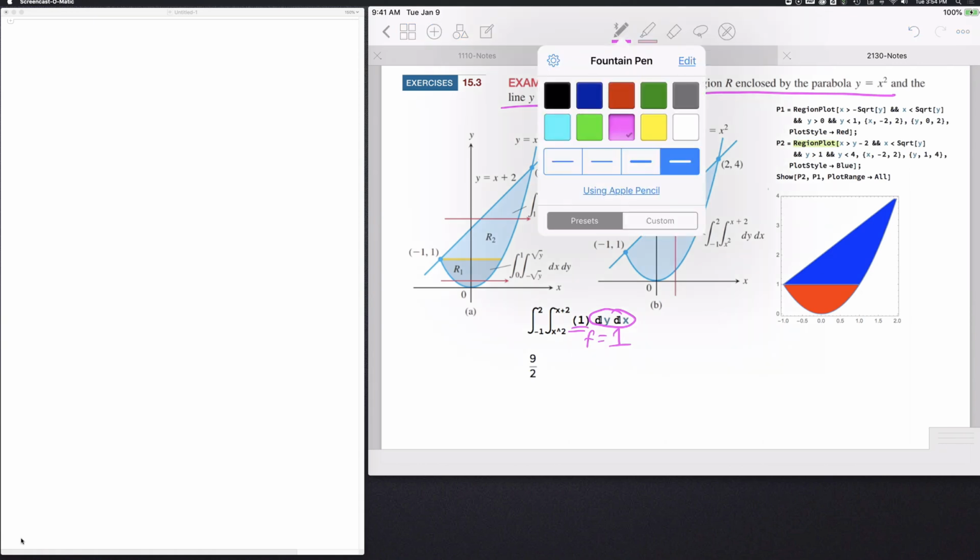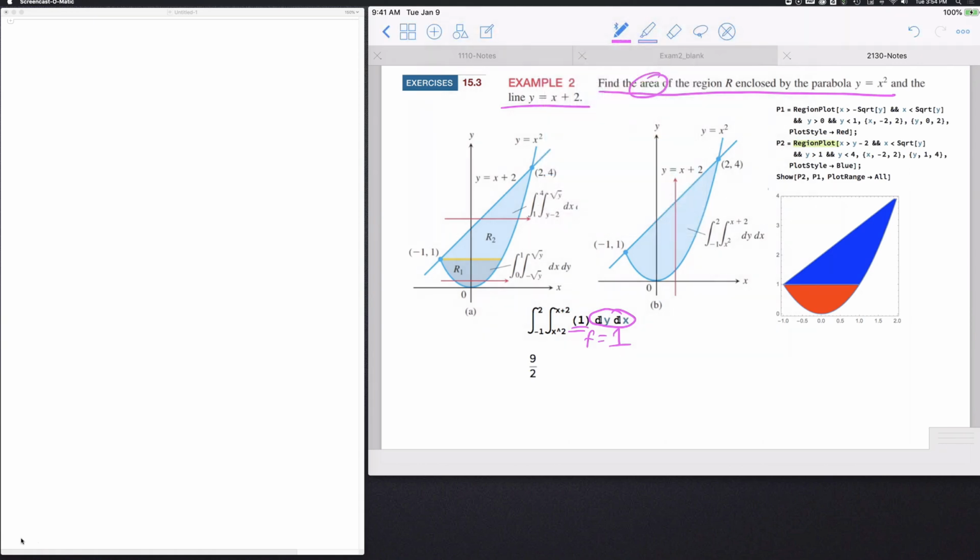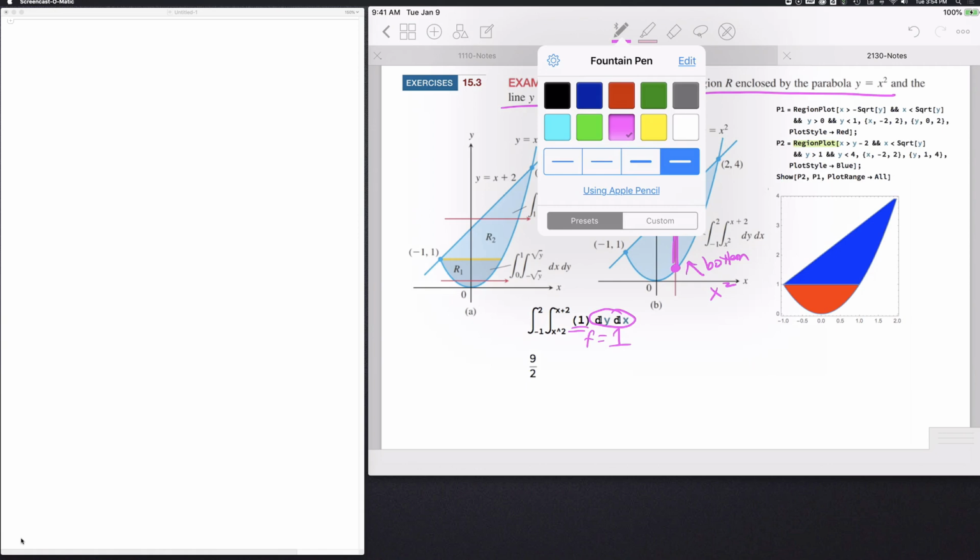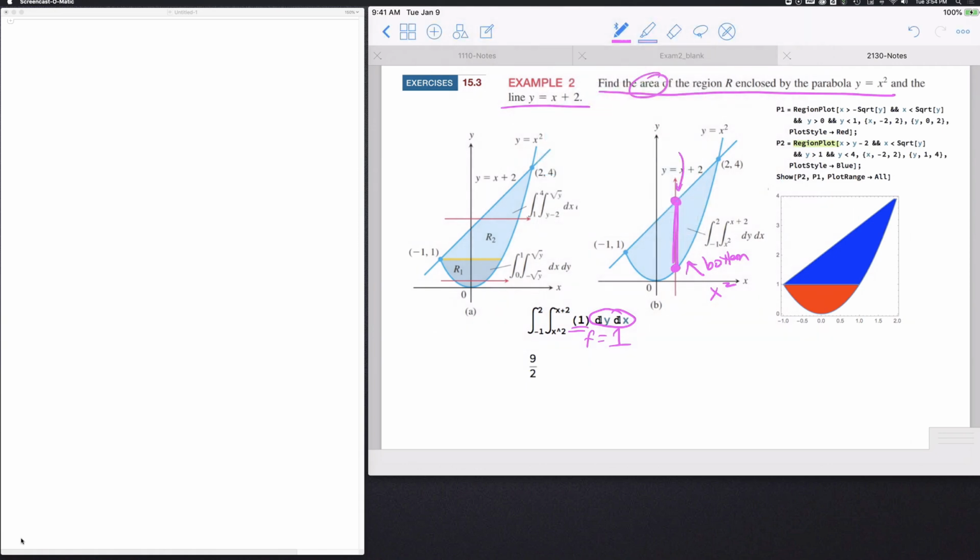My preference would be to set this problem up as a dy dx problem because we see that from top to bottom, the bottom function is always the parabola y = x squared, and the top function is always the line y = x + 2.